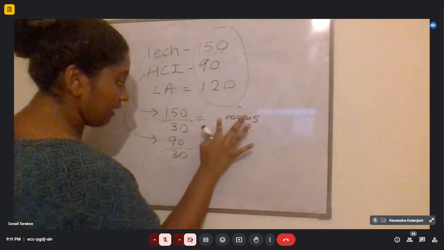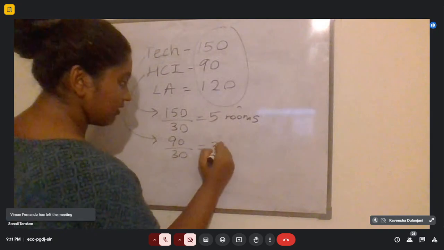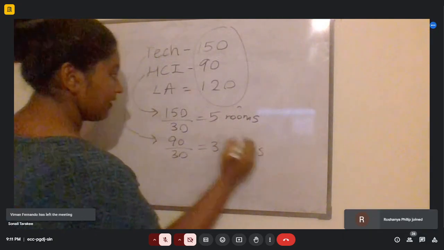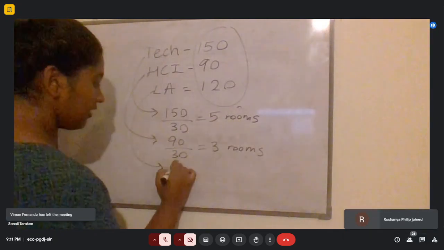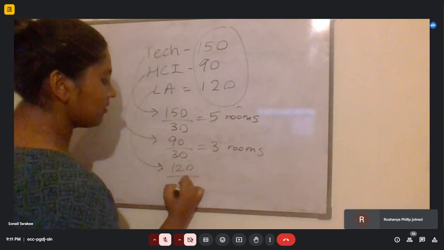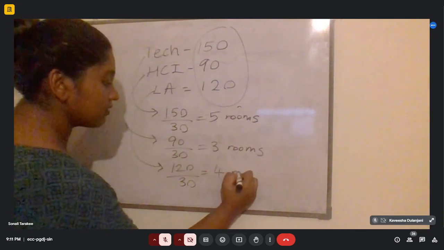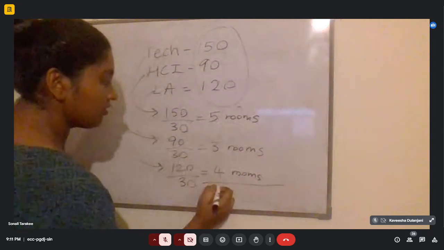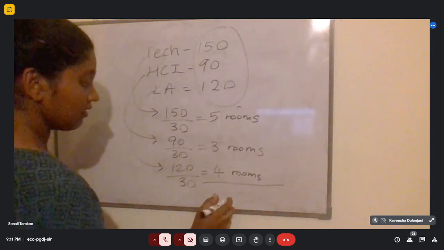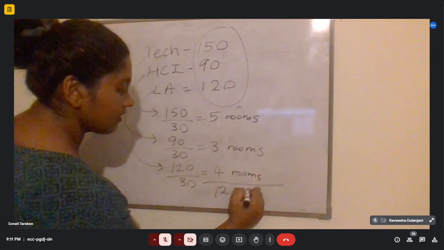So here 3 rooms. And here 120 people are there. Only 30 people can be put in one room. So you can get 4 rooms. So altogether, 12 rooms are required.